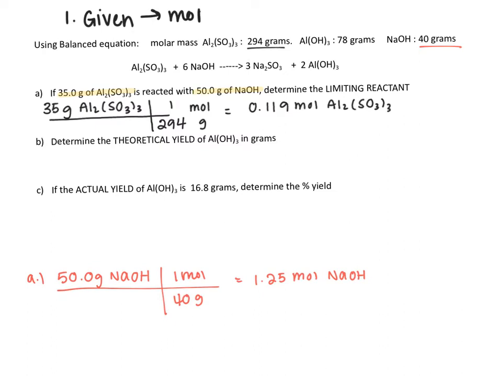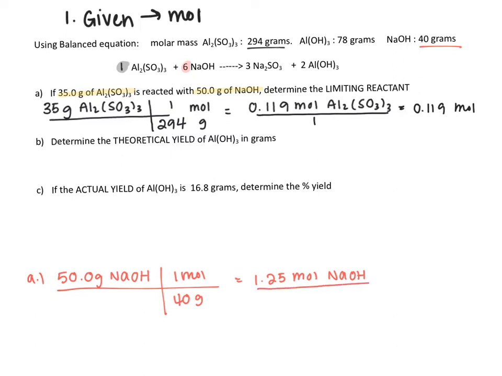My next step is I need to do a ratio. So I'm going to identify my coefficients, and I'm going to plug them in and divide that by the moles I calculated for. So in this case, because I don't have a number in front of my Al2(SO3)3, I'm dividing that by 1, so 0.119 divided by 1 will give me that same number. But notice I have a 6 in front of my NaOH.